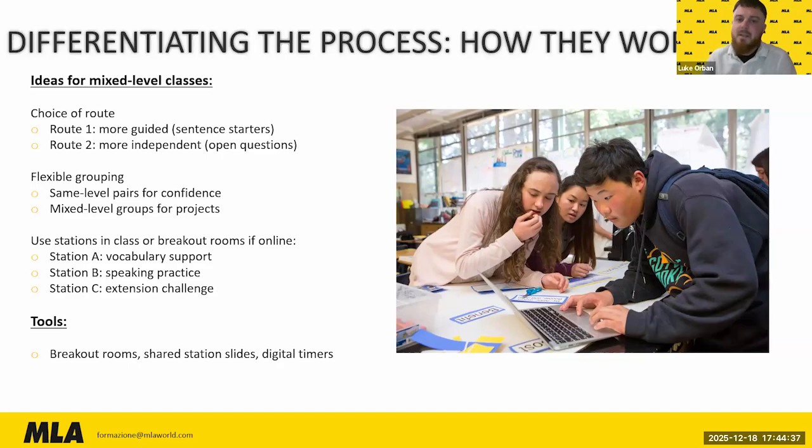So for mixed level classes, we can give them maybe 2 routes or 2 forks. If you want it to be a little bit more structured, you would give the groups sentence starters. Okay, it's more of a controlled exercise because you are giving them the information that you would like them to use, and then they can build from that.